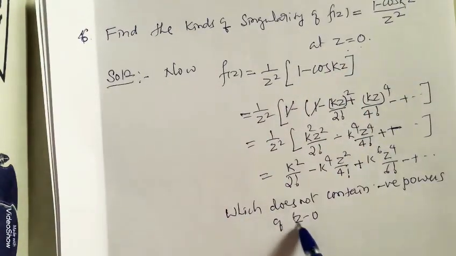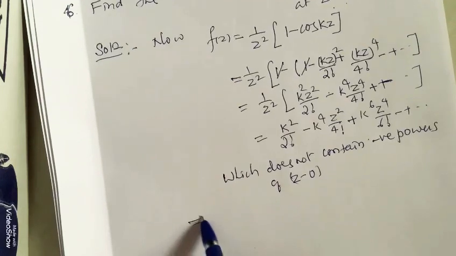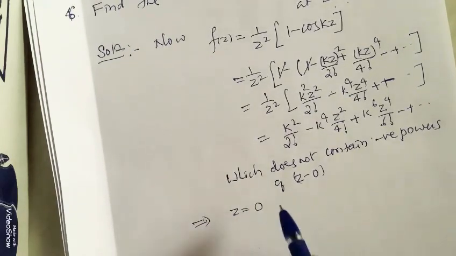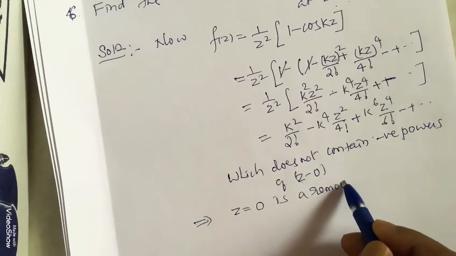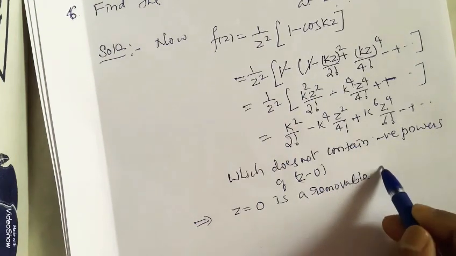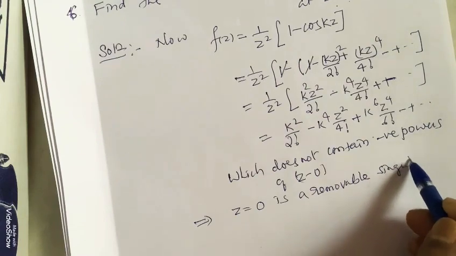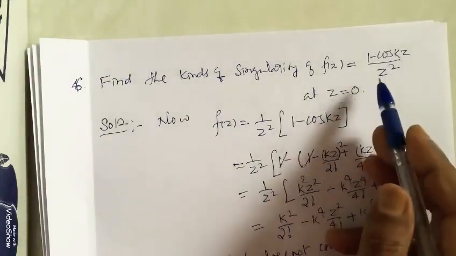Therefore z minus 0 means z itself. So this implies z is equal to 0 is a removable singularity. Removable singularity means usually there is no singularity.